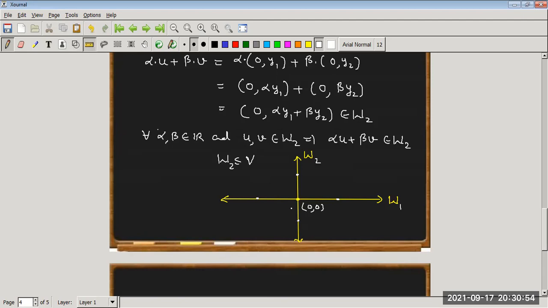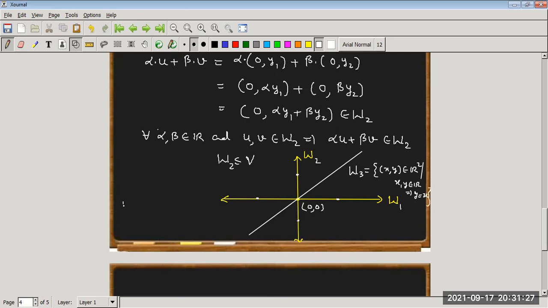For example, if we take any line and call it W3, it is of the form (x, y) in R², such that x, y belong to R, which implies y is equal to x.